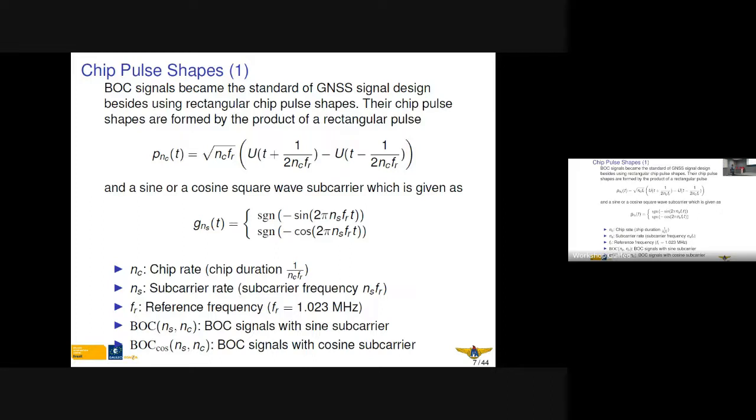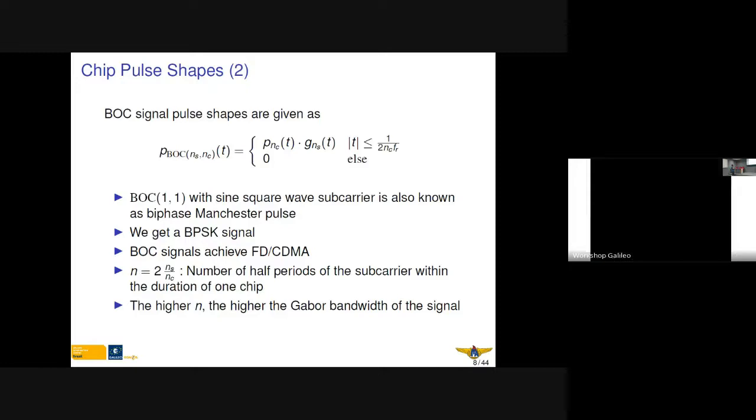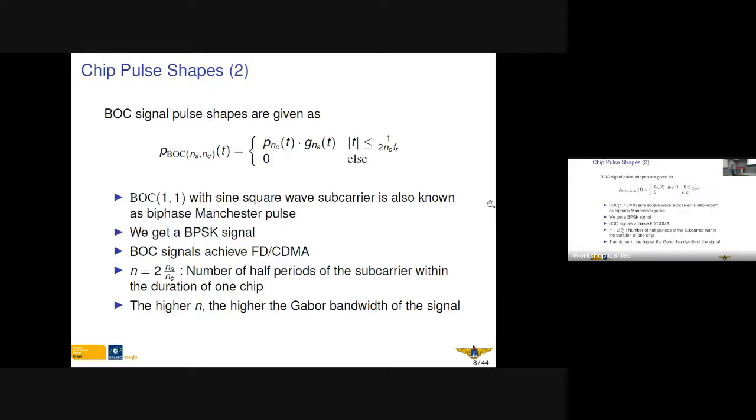So on the next slide, we can now see how we can build our chip shape. This is the example of a sine-phased chip shape. Because we have the writing BOC NS NC, we can also have BOC cos NS NC, which is a cosine-phasing subcarrier.